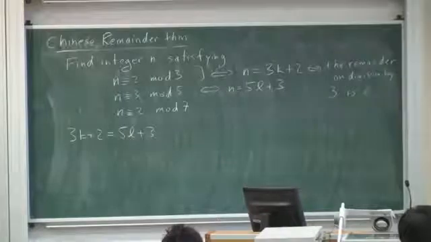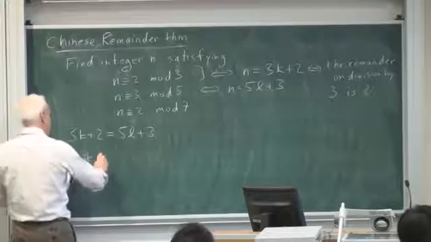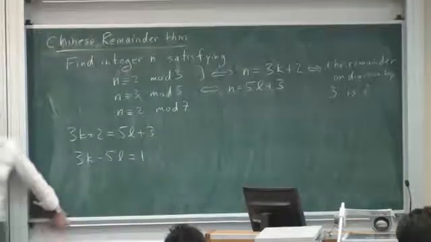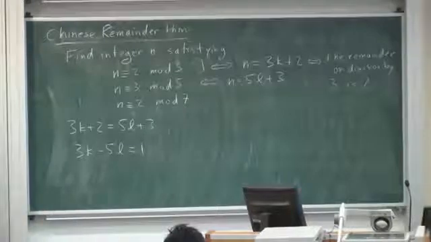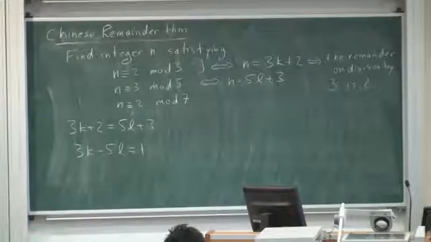Can we solve that? Well, we can simplify it a little bit. That's like 3k minus 5L equals 1. And now that's very much like the kind of equation that we've just been talking about. We know how to solve that kind of equation.